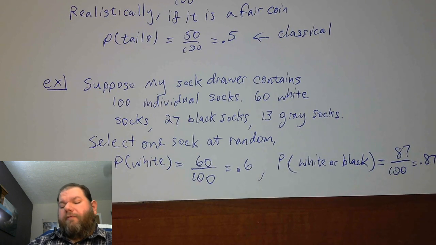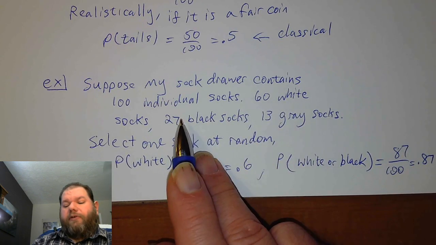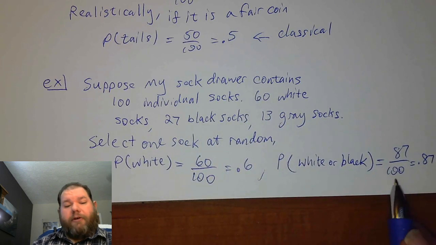There's not a whole lot of events we can look at here. It's either just one color or a combination of colors, one of which we're interested in. And again, in this case, we're only choosing one sock. We're not choosing a pair, so it's probably not as interesting a problem as it could be. But we're still looking at the basics of probability in this first section. So if we want one or the other, then we just have to add the possible outcomes together where they're successful out of the total number of outcomes.